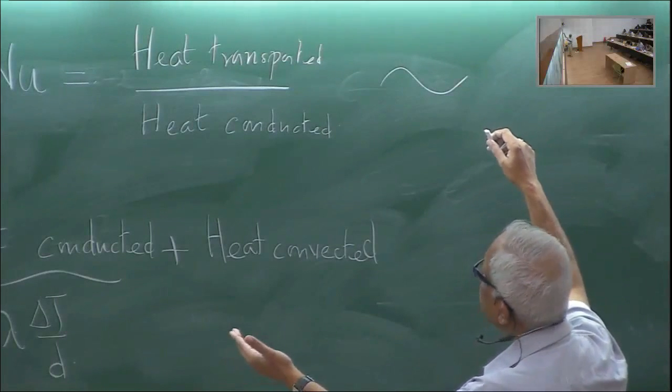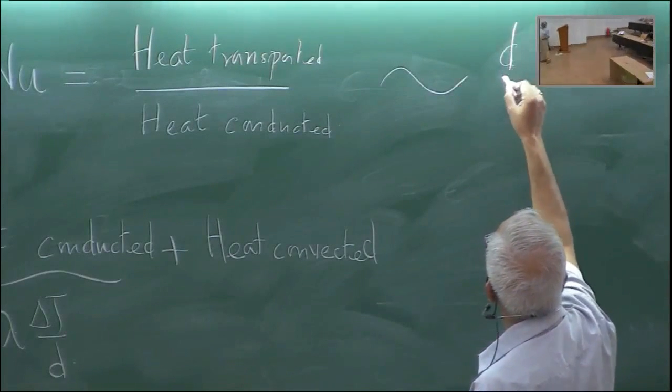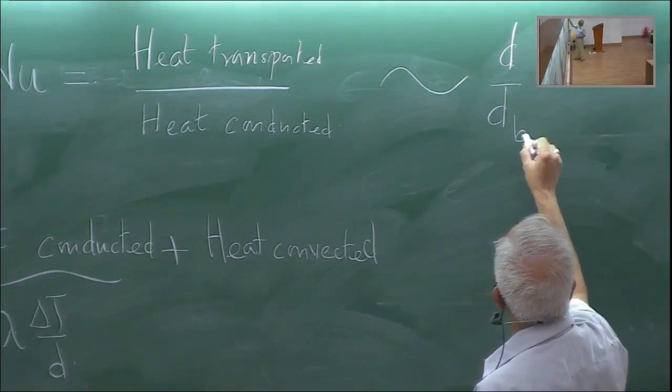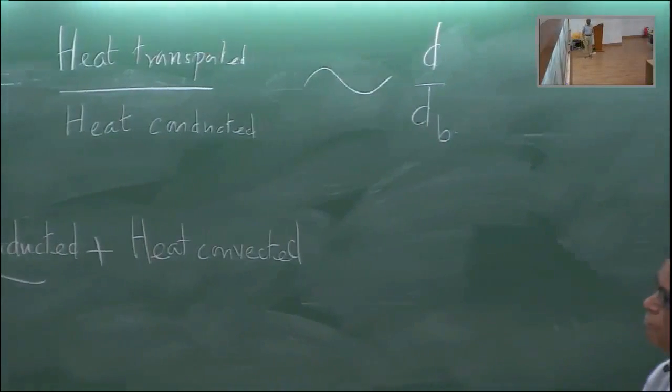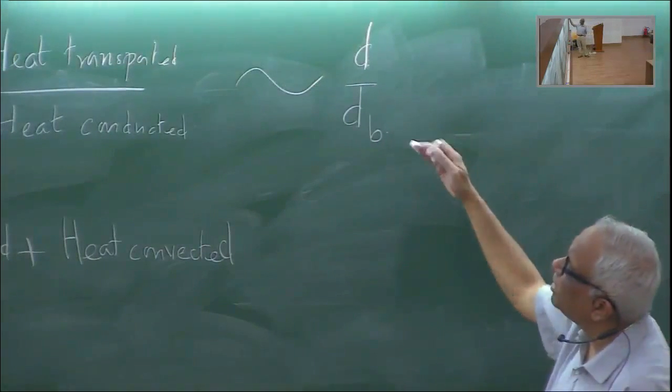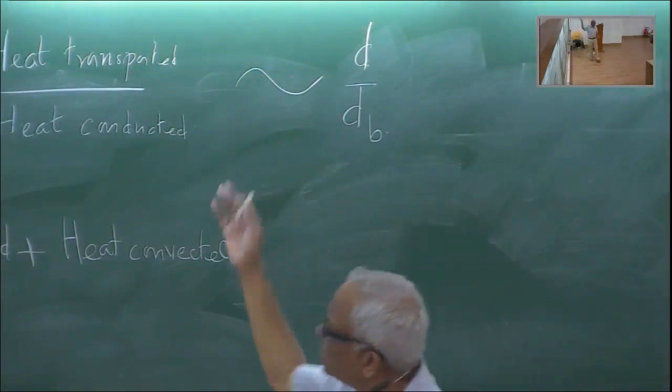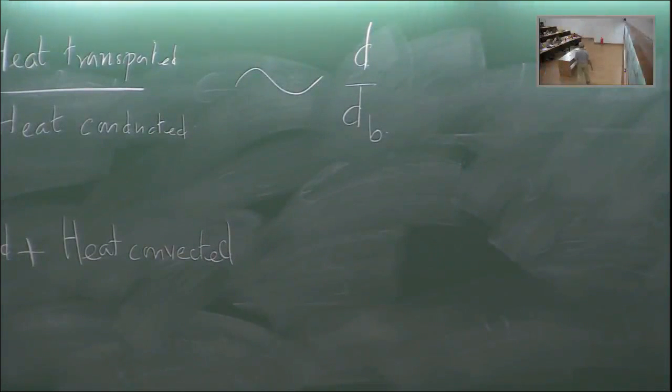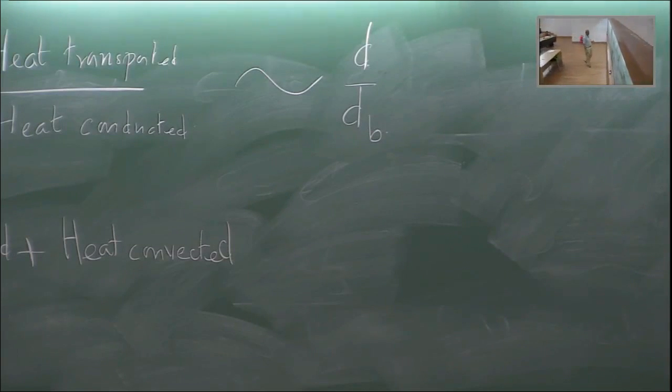The rough estimate of this would be d divided by the d boundary layer. So d divided by the d boundary layer, the distance between the plates divided by the thickness of the boundary layer, is the measure of how much heat is transported divided by how much heat is conducted.